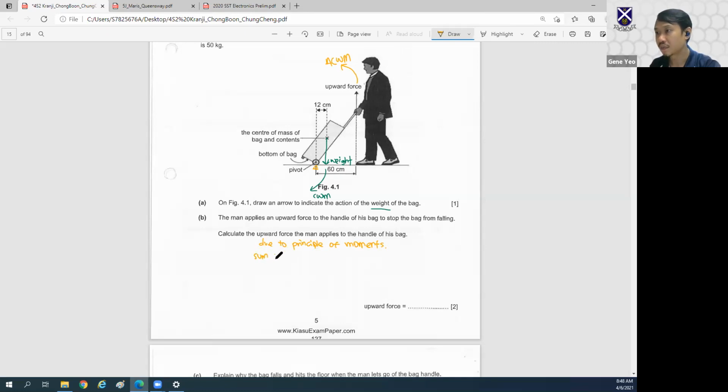Sum of clockwise moment equals to the sum of anti-clockwise moment. Okay, so this is something like your formula. So please write this down. Every time you do a moment question where you need to employ the principle of moments, write this down. All right.